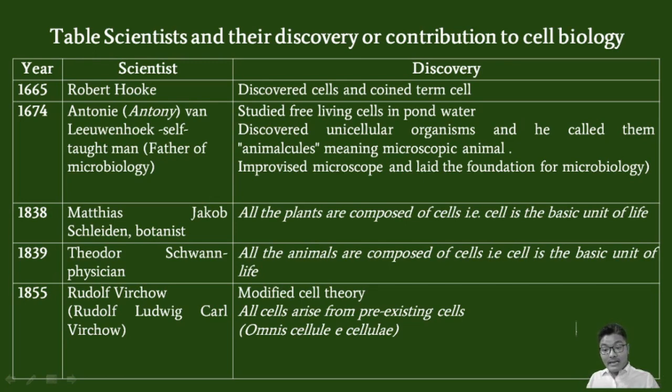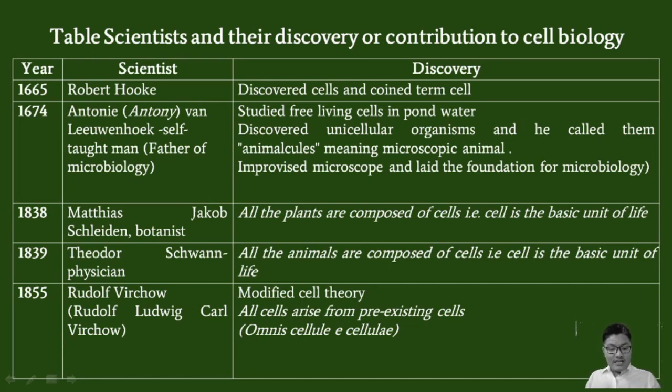So he stated that cell is the basic structural unit of animals. Later on in the year 1855, we have another great scientist called Rudolf Virchow. His entire name is Rudolf Ludwig Karl Virchow.